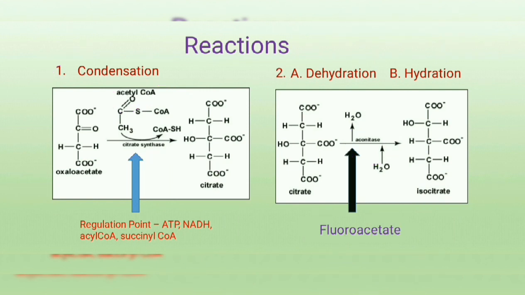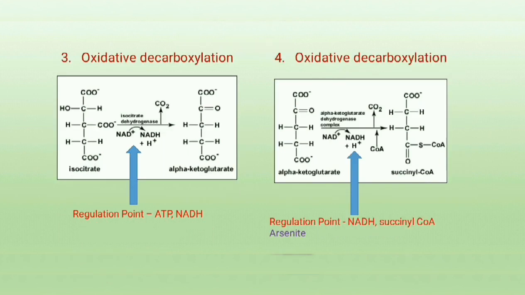And coming to the third reaction, that is your oxidative decarboxylation. Here, isocitrate is being converted into alpha ketoglutarate by the enzyme isocitrate dehydrogenase, and in this reaction there is one carbon dioxide which is being released, and there is a conversion of NAD to NADH, the first reaction where you have the energy production.